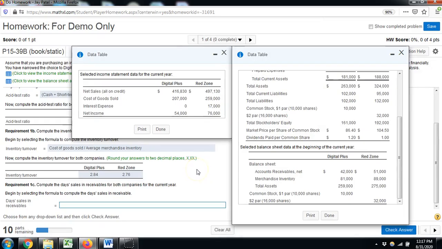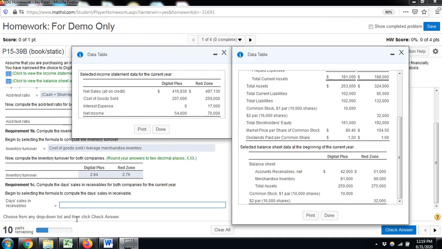Okay, next we have days sales in receivables. So this is a measure of basically the number of days that it takes for the kind of median receivable to be converted to cash.